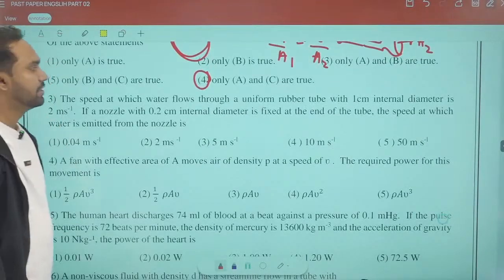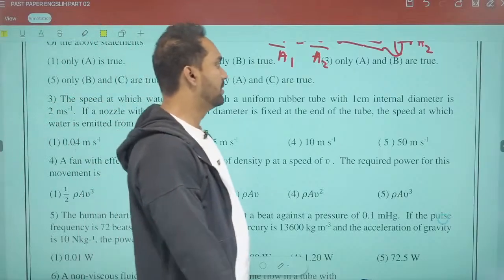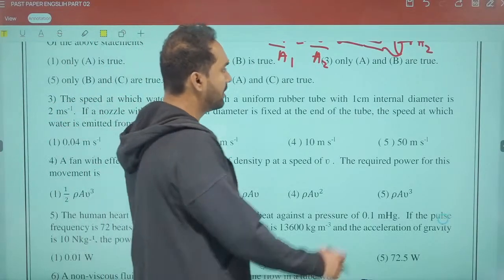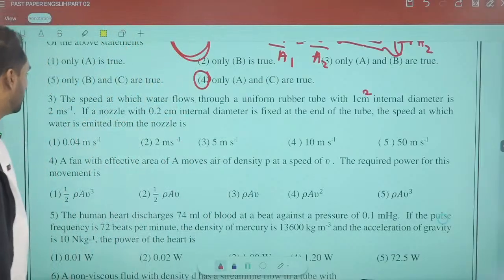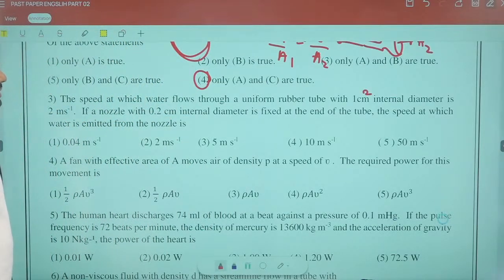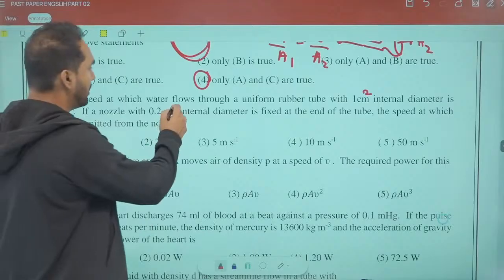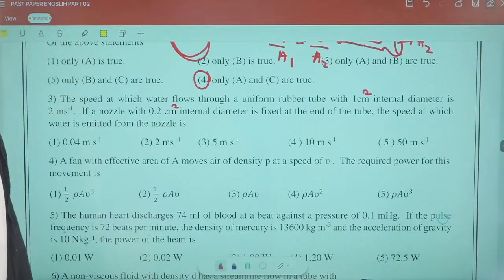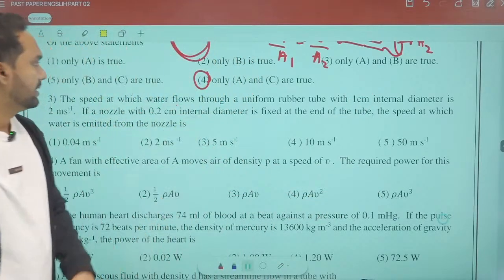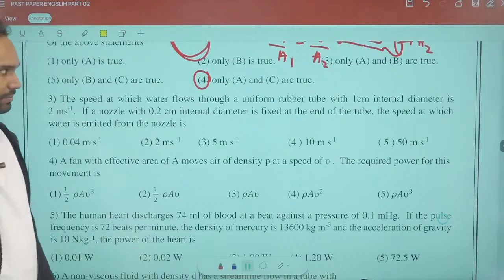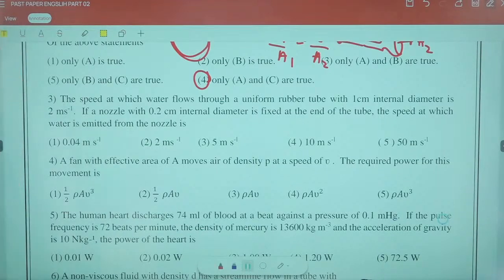The speed at which water flows through a uniform rubber tube with 1 centimeter internal diameter is 2 meters per second. If a nozzle with 0.2 centimeter internal diameter is fixed at the end of the tube, the speed at which water is emitted from the nozzle is?